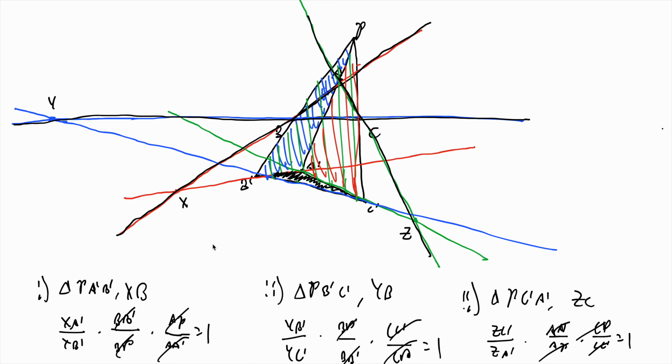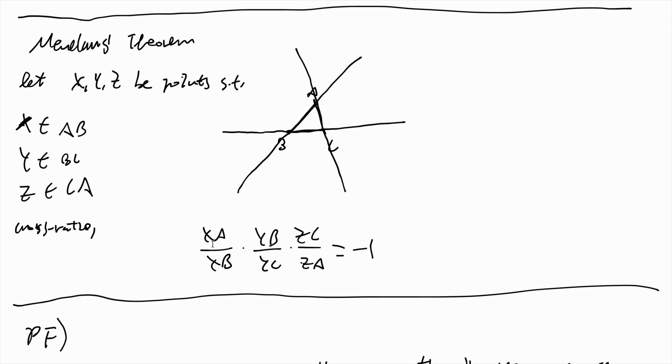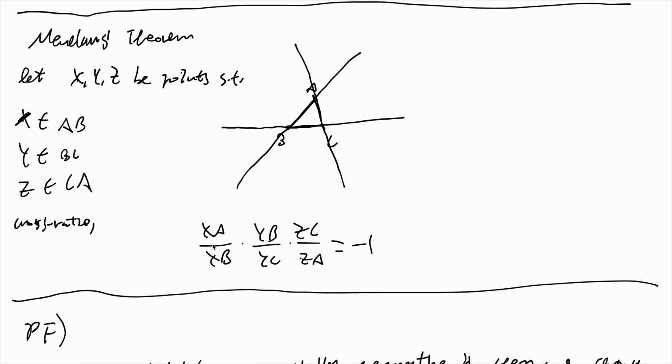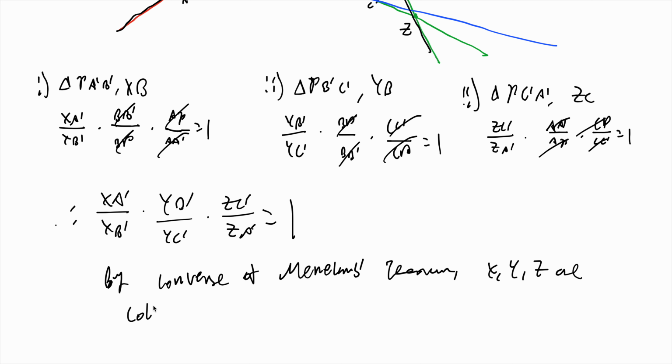But there's one more condition here: X, Y, Z are collinear. Oh, I forgot about that condition. I'm sorry. By the converse of Menelaus' theorem, X, Y, Z are collinear.